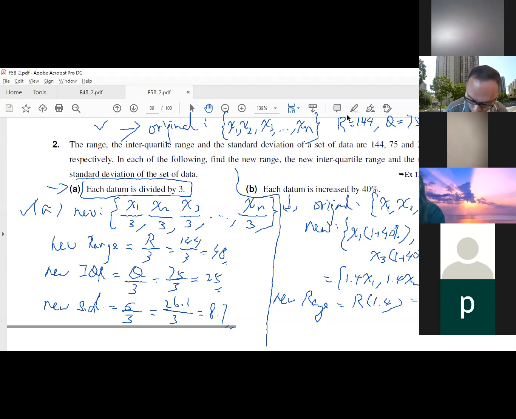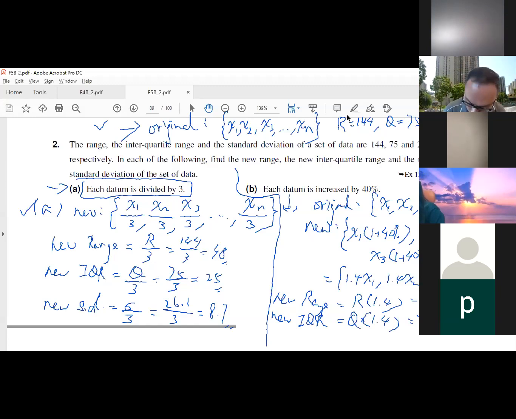Okay, and then the new interquartile range IQR is equal to the original one times 1.4. So that is 75 times 1.4. That should be 105.